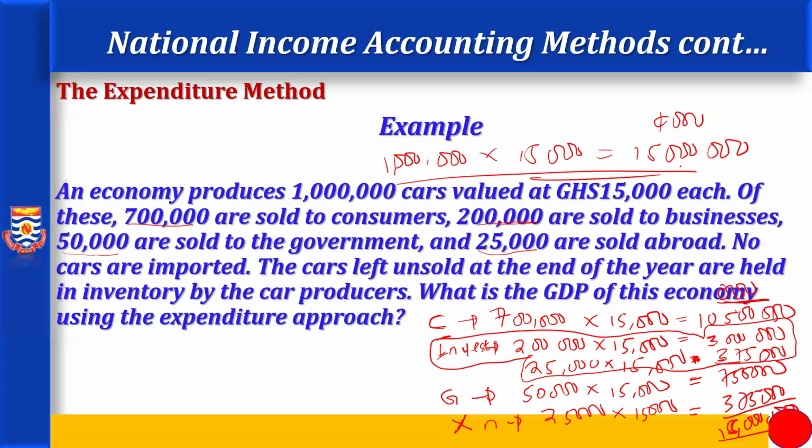But the expenditure approach will help you know the different constituents, like who bought what of the output. That's the advantage of the expenditure method. It will let you know who bought what at the end of the day.